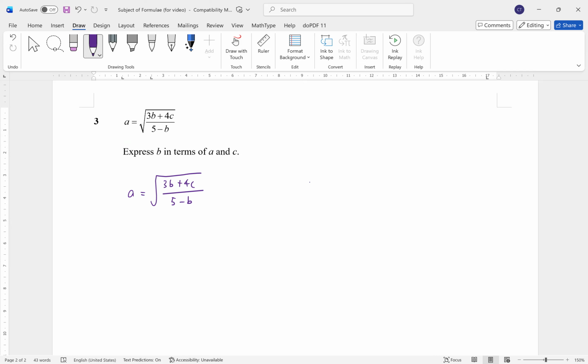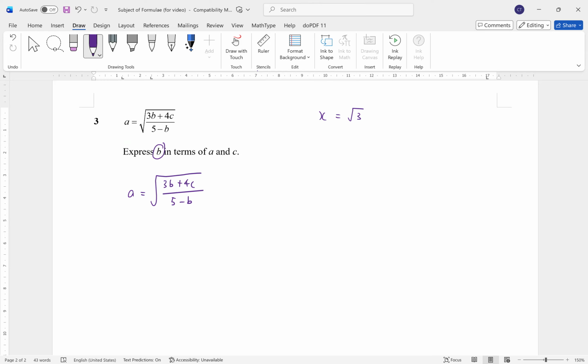Let's say we have x equals the square root of 3. How do we deal with a question like this to get rid of the square root? Because now they want us to make b the subject, and b is inside the square root sign. So b is sort of trapped within the square root. So how can we remove the square root?